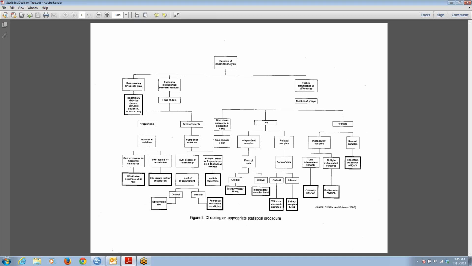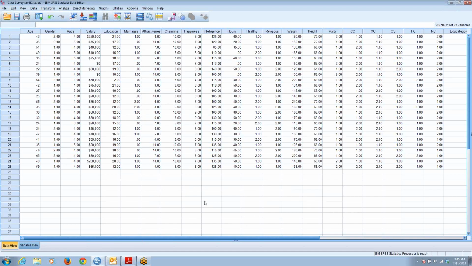Okay? Now, we're going to go right over to one-way ANOVA. And here, I will show you a little trick that I did. Remember how we have this question on education, which is actually interval ratio.